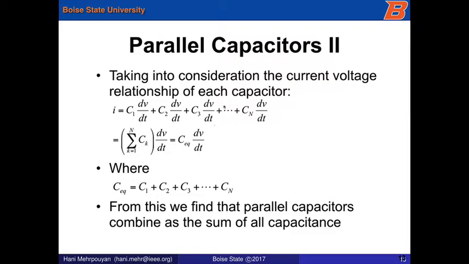But we also know that the currents are given by C1 dV/dt, C2 dV/dt, and so on. When we take out the dV/dt, I is given by the sum of all the capacitances times dV/dt. That is also given by the equivalent capacitance times dV/dt. So if you connect capacitors in parallel, the equivalent capacitance is equal to the sum of the capacitances.